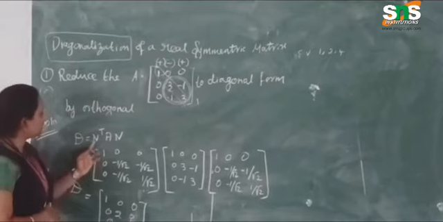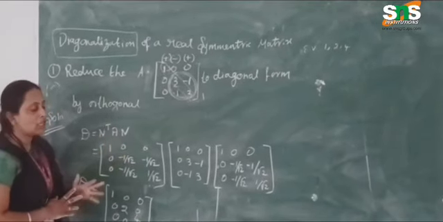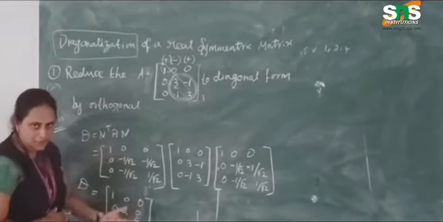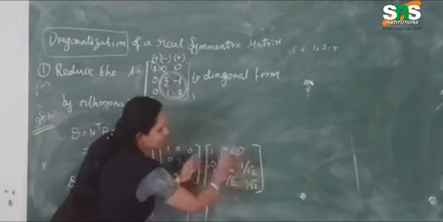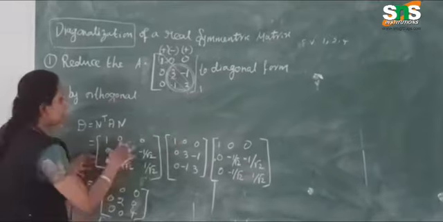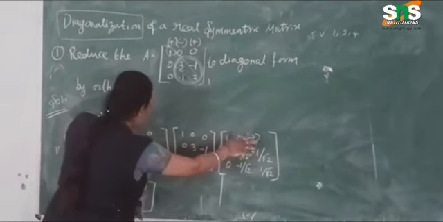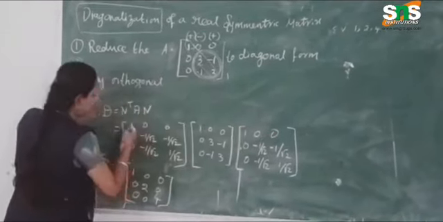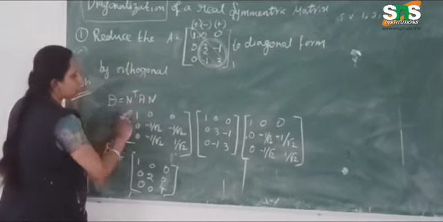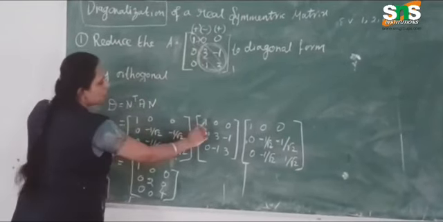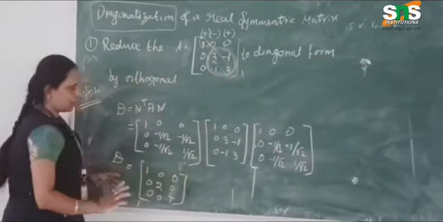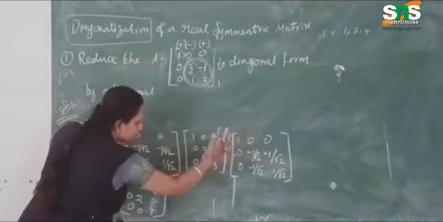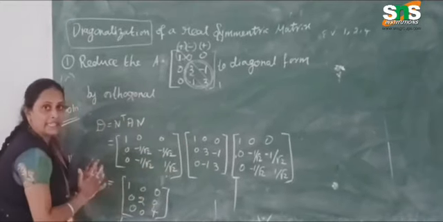In this diagonal form, we compute N transpose A N. N is the normalized model matrix, and then we interchange rows and columns to get N transpose. A is the given matrix: 1 0 0, 0 minus 3 minus 1, 0 minus 1 3. After we simplify this, we get the diagonal form.